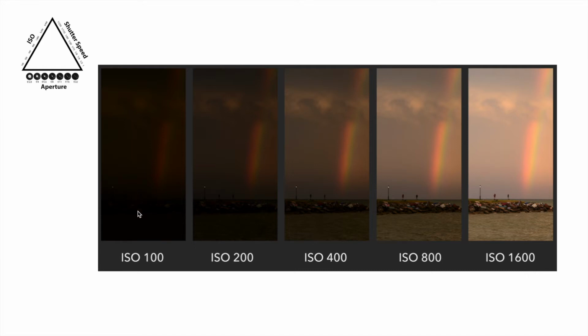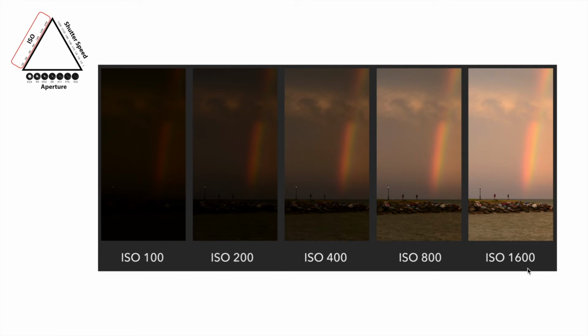The lower down here, ISO 100, it's less sensitive, therefore it's capturing less light, and therefore the image is darker. Then it's doubling to ISO 200, 400, 800, 1600, gradually becoming more sensitive, and therefore it's able to capture more light.